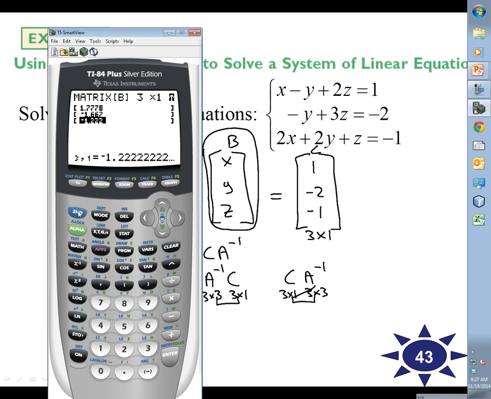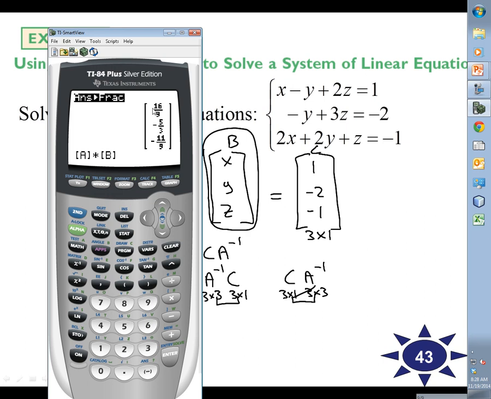And so if we go back home and multiply A times B, we get 1, -2, and -1, what we started with. So we have just solved for X, Y, and Z. X was 16/9, Y was -5/3, and Z was -11/9.